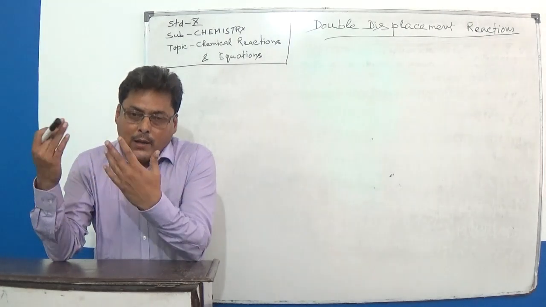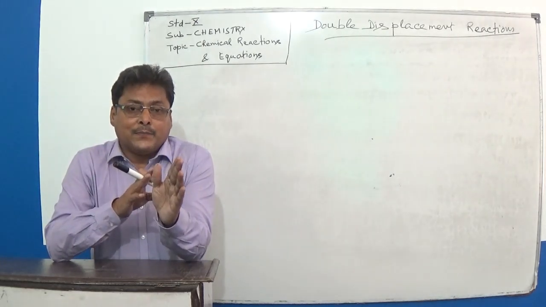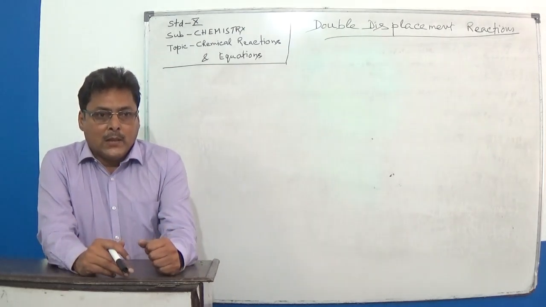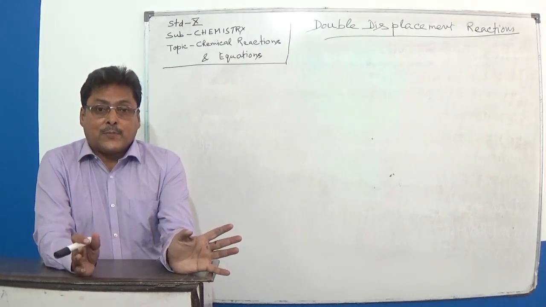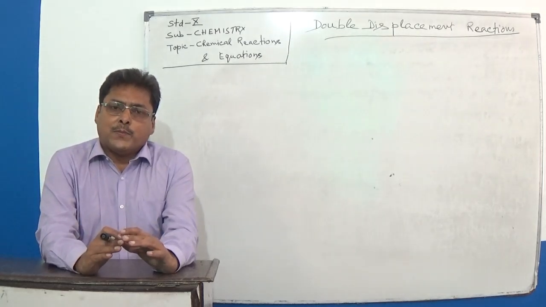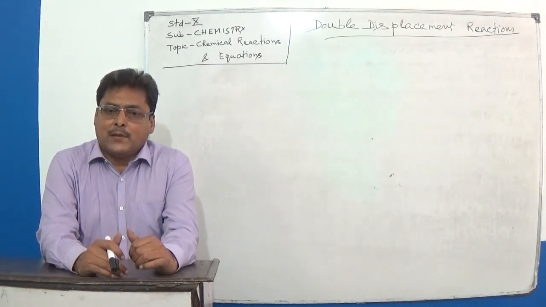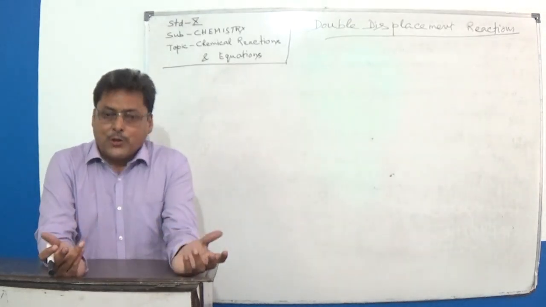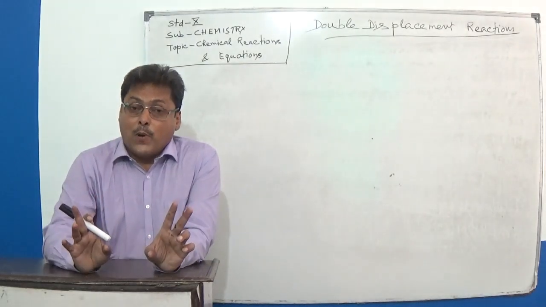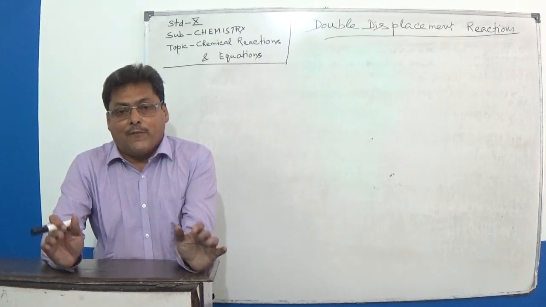We learn about them in slightly higher classes, but you can also learn it from another angle. Since these usually happen in ionic compounds, we can also explain this double displacement like this: when two ionic compounds in a solution react by exchanging their ions, they form new compounds.